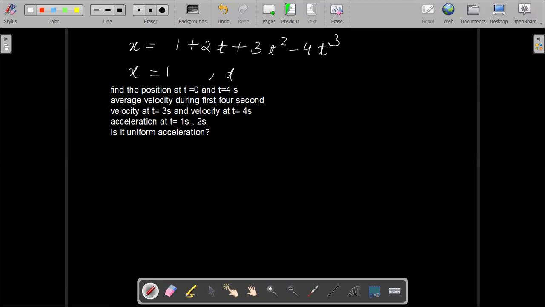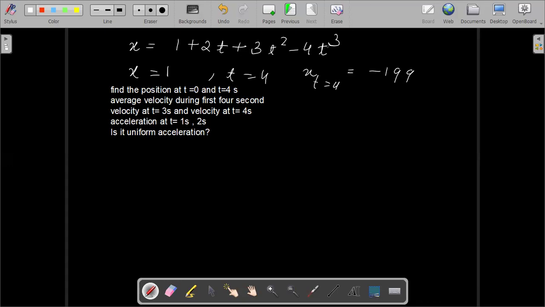If you put t equals 4, you will be getting x equals minus 199, sir. Okay, let's take it to be minus 199.